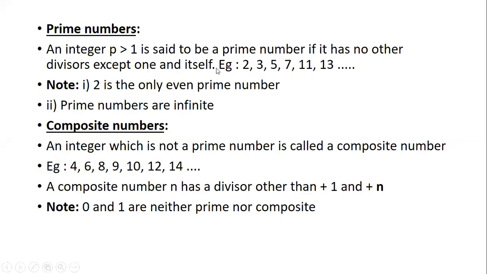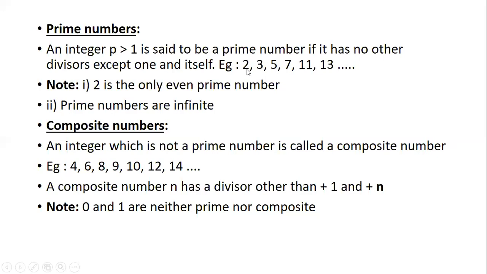A prime number is a number such that when you divide it, it is only divisible by 1 or by the number itself. Let us understand it by example.